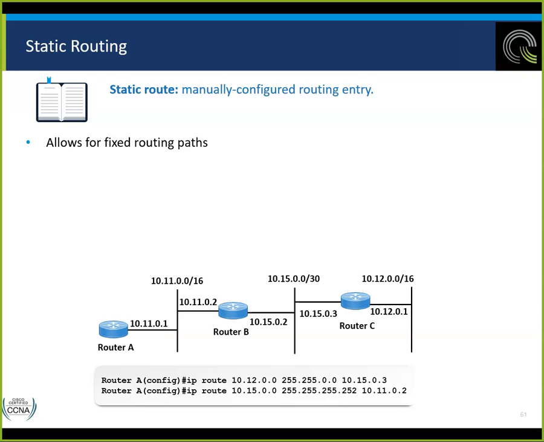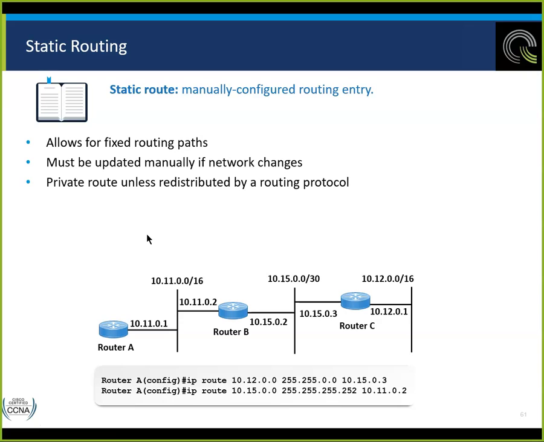You also should be able to configure the metrics that you want to use, and maybe the next hop and the interface that you want to go out of. Because remember, if you've got an IP address and don't have an interface that it goes out of, the router then has to resolve that. Manually updated if the network changes. Private route unless redistributed by a routing protocol.